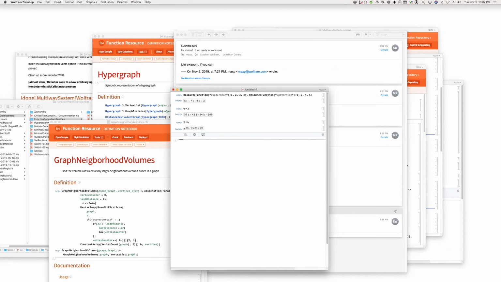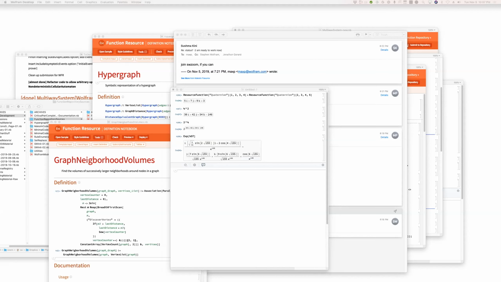I wonder why that doesn't work. Huh. Well, I wonder why 2 to the power doesn't work. I'm going to send a message about this function.